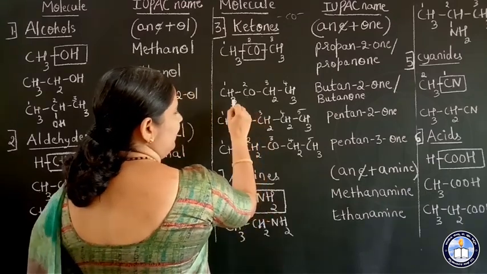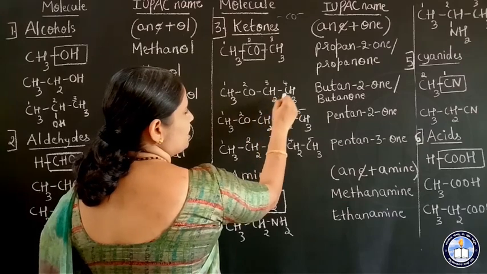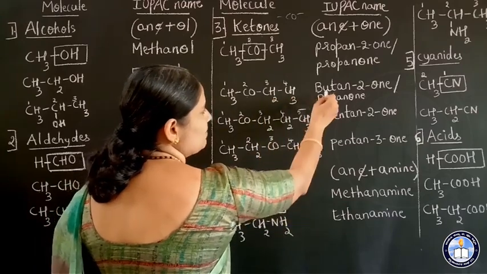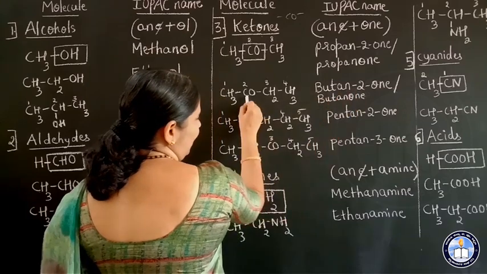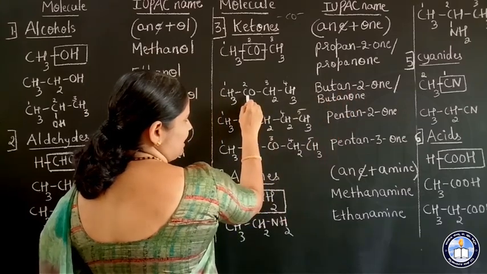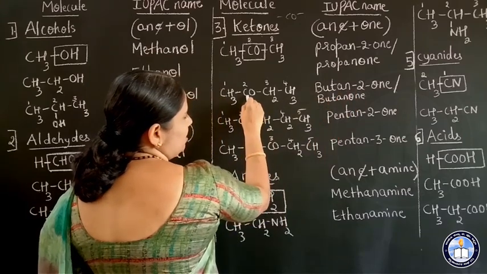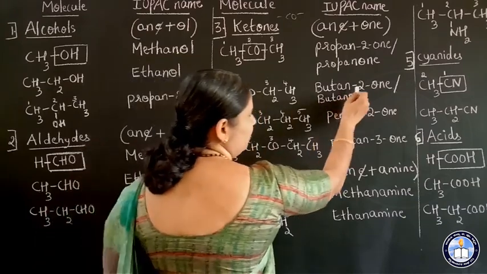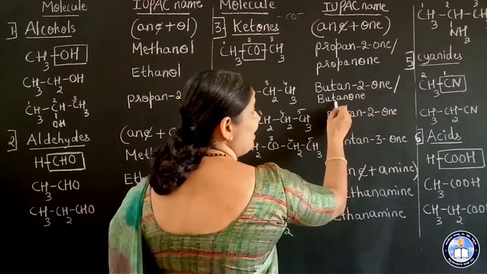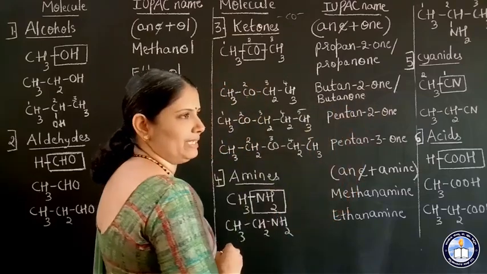Here in this CH3COCH2CH3, 4 carbon atoms, so but, all single bonds, AN. So this CO we call carbonyl. The carbonyl carbon locant is 2, butan-2-one, or you can say butanone. It is one and the same.